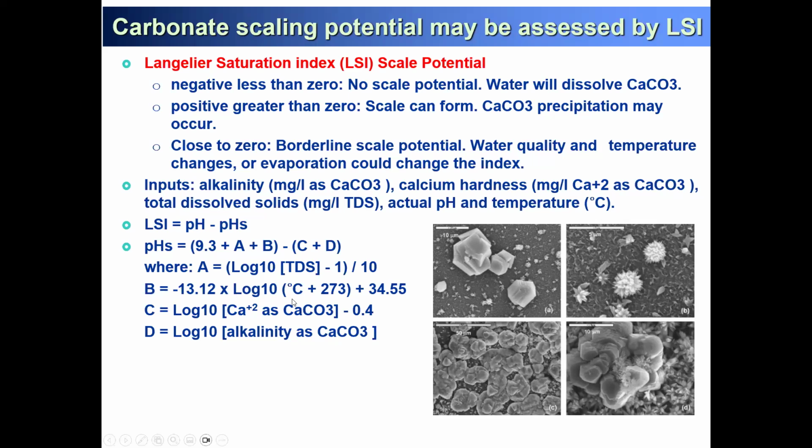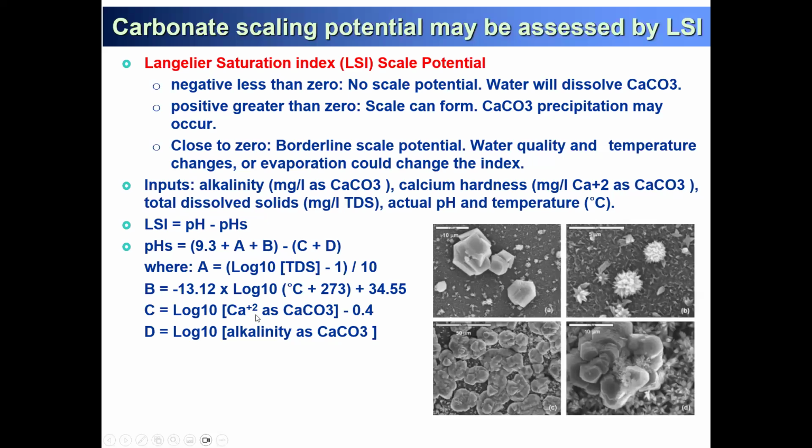B value also depends on your temperature. If you have a high temperature, you have high solubility, so your calcium carbonate potential is less. So you need to have a high temperature. How about C value?